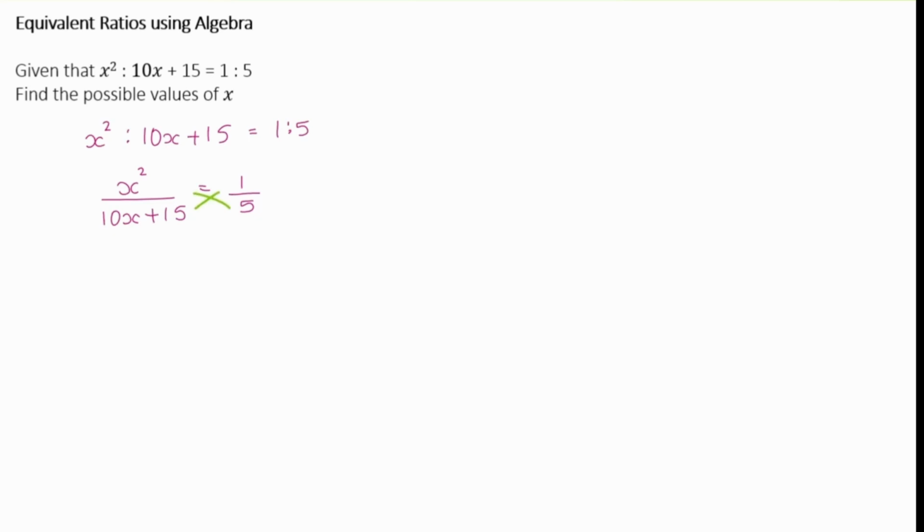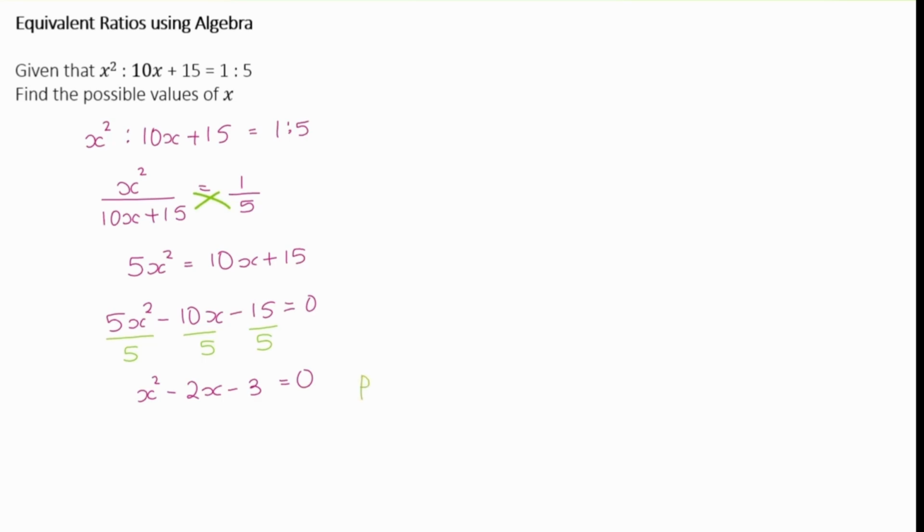So we will have 5x squared is equal to 10x plus 15. If we now move everything onto the left-hand side, we will have 5x squared minus 10x minus 15 is equal to 0. Because all the terms in this equation are divisible by 5, if we divide all through by 5, we will be left with x squared minus 2x minus 3 is equal to 0.